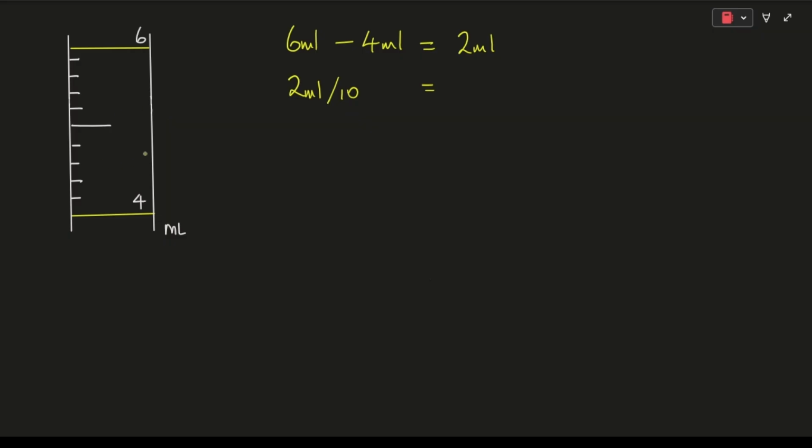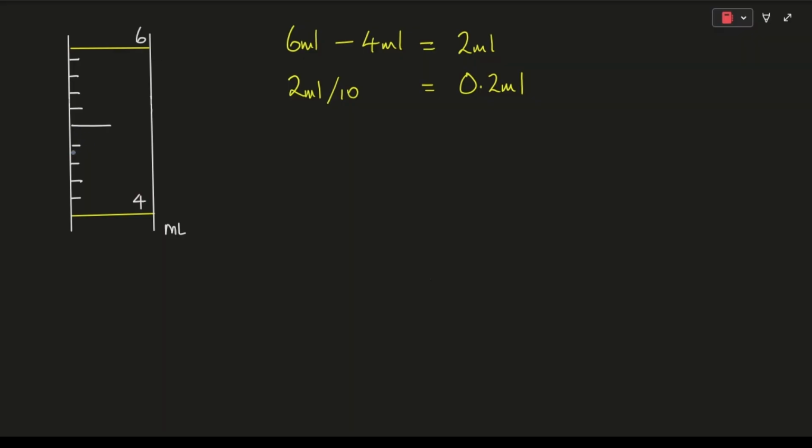And our smallest increment is going to be 0.2 milliliters. Now, if we want to do the calculation manually, we have 4 here. So this will be 4.2, 4.4, 4.6, 4.8. This will be 5, 5.2, 5.4, 5.6, 5.8, and 6. So 0.2 milliliters is our smallest increment.